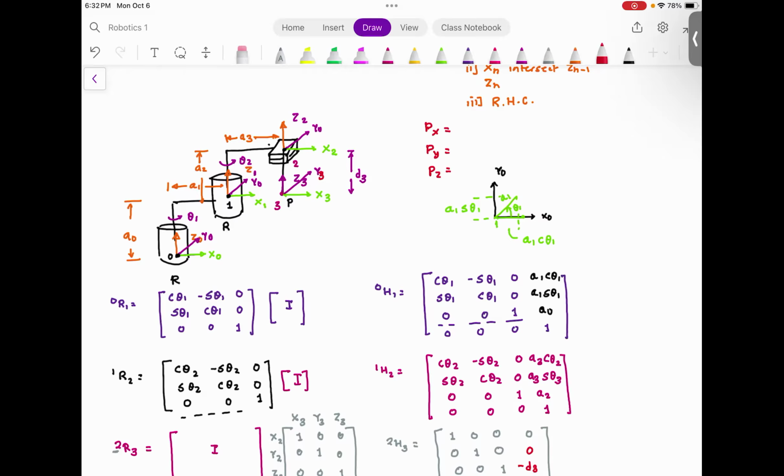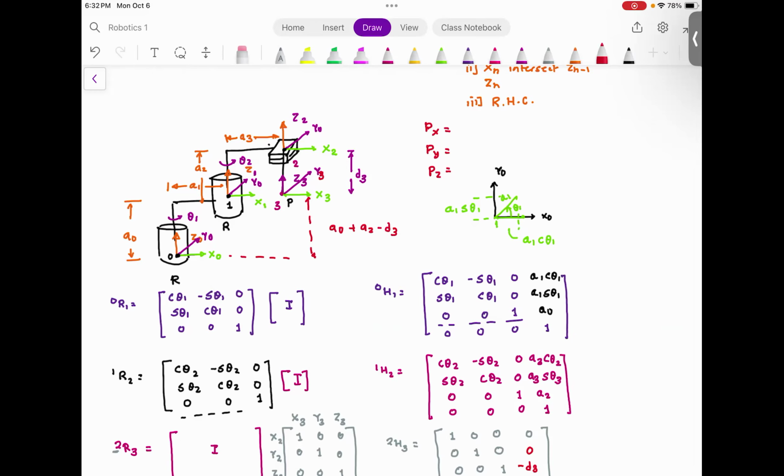So if I want to find the location of this end effector in Z, it is going to be A0 plus A2 minus D3. Do you agree with me? Simple.